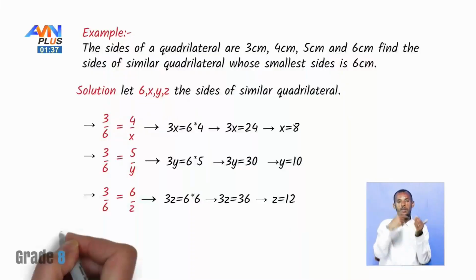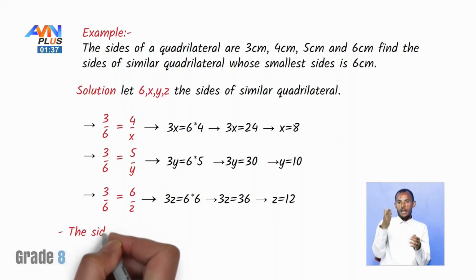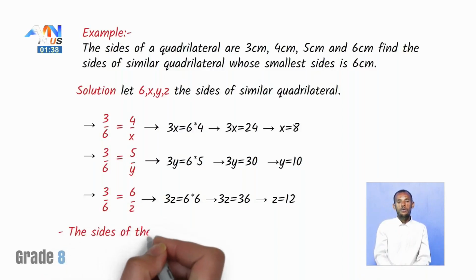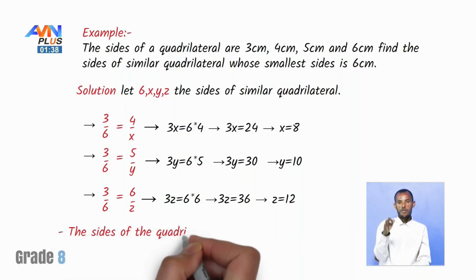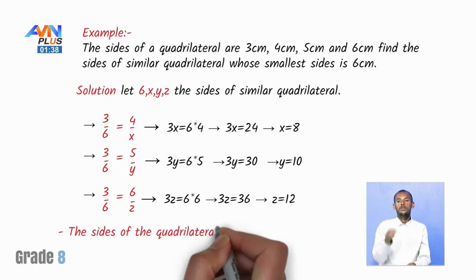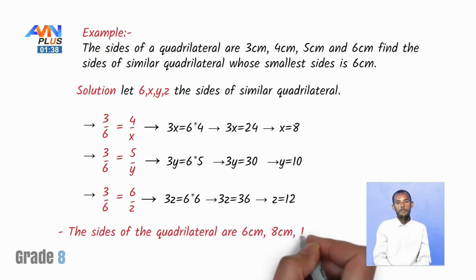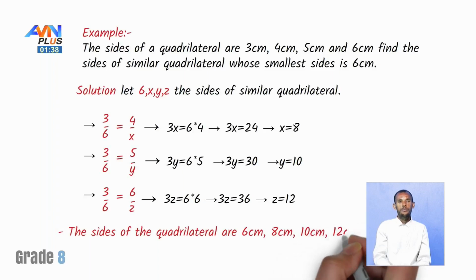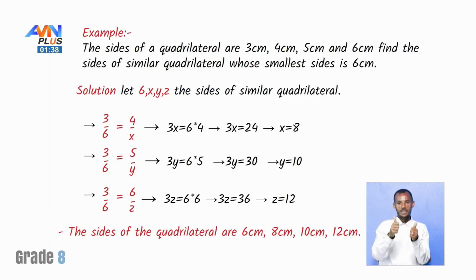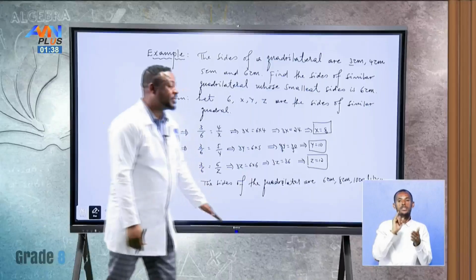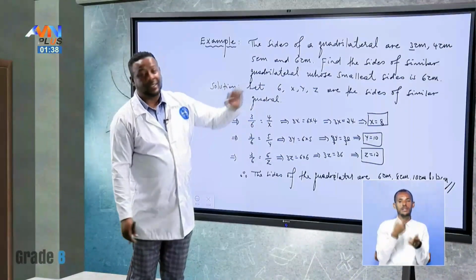Therefore, the sides of the quadrilateral are 6, which is already known, 8, 10, and 12 centimeter. Okay, this is the required answer in this example.